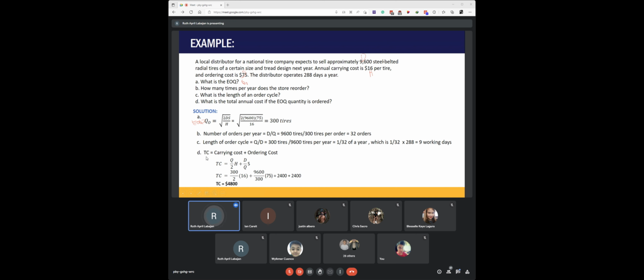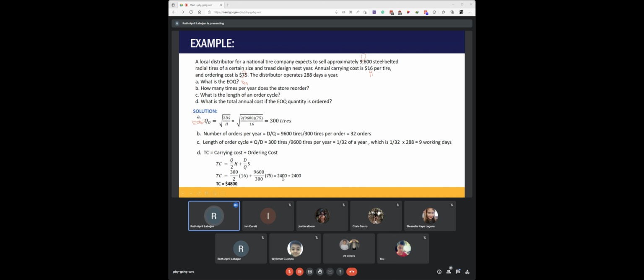And lastly, you wanted to get the total annual cost if the economic order quantity is ordered. So basically, the total cost is the carrying cost plus the ordering cost with this formula. Okay? And if you gonna plug in the values, Q is 300 divided by 2 times 16 plus 9,600 over 300 times 75.